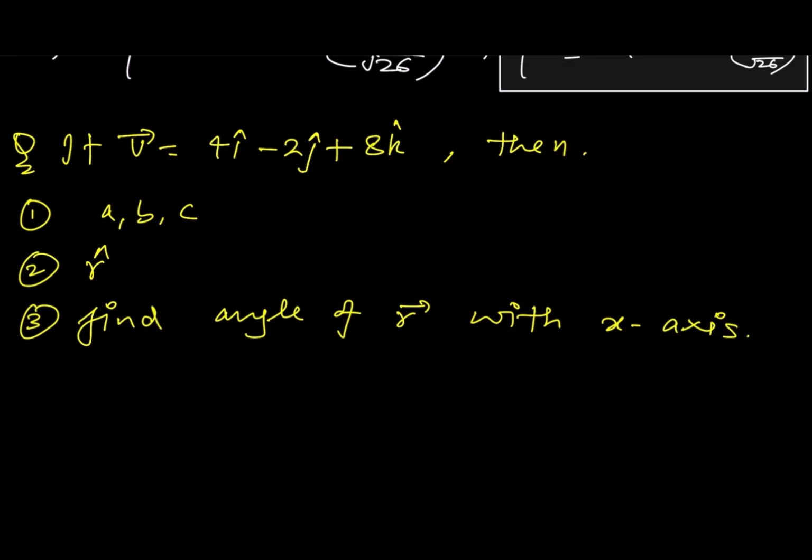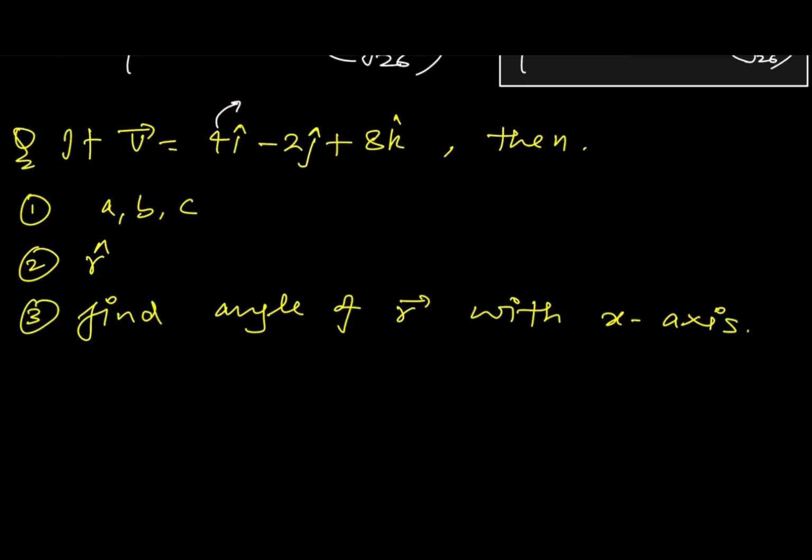You need to find a, b, c direction ratios. So if I find the direction cosine, direction cosine is nothing but 4 upon root over mod of the vector. So this is a, this is b, and this is c. Simple.